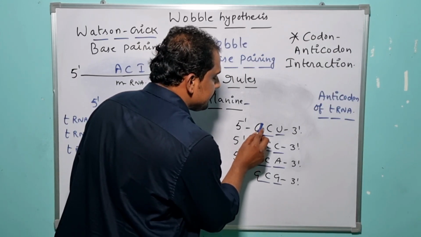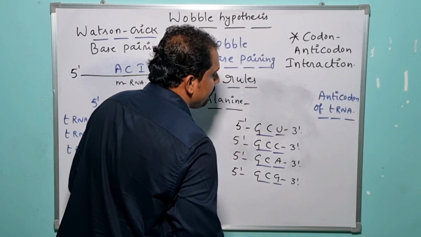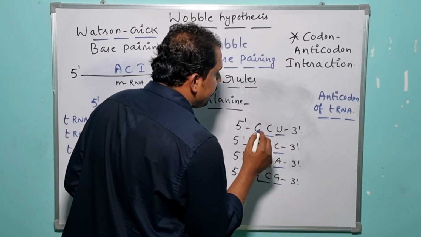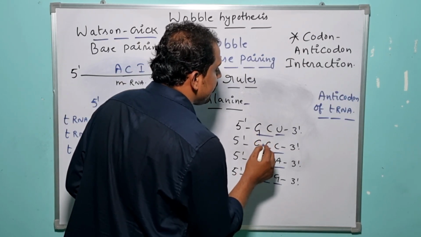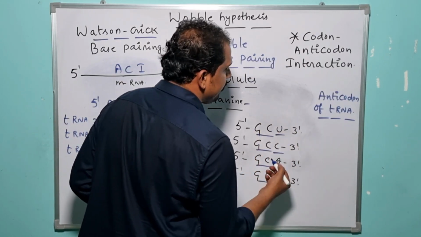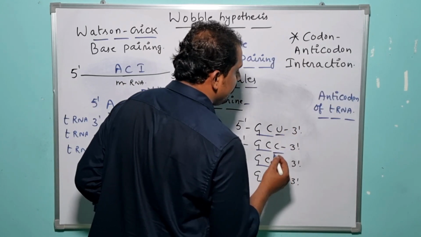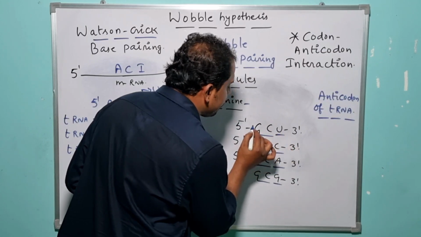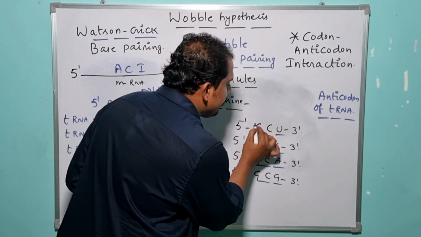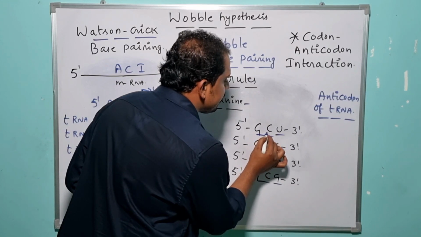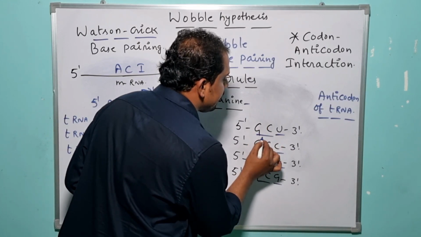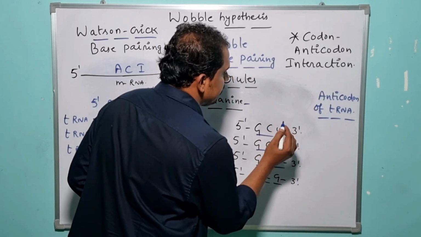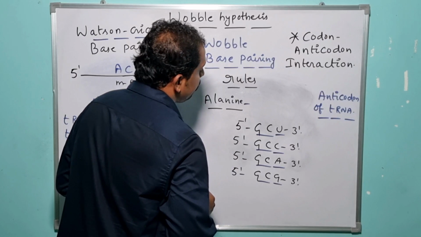In such a case, that particular codon of the mRNA is capable of participating in the translation mechanism by taking the advantage of one specific tRNA or one more other specific tRNA. Most commonly, the variation relies only at the 3' end but not at the 5' end. For suppose, if there is any variation in the first two nucleotides of the codon of the mRNA, under such condition, that specific codon takes the advantage of one more other specific tRNA, right? So it is one of the postulates of wobble hypothesis.